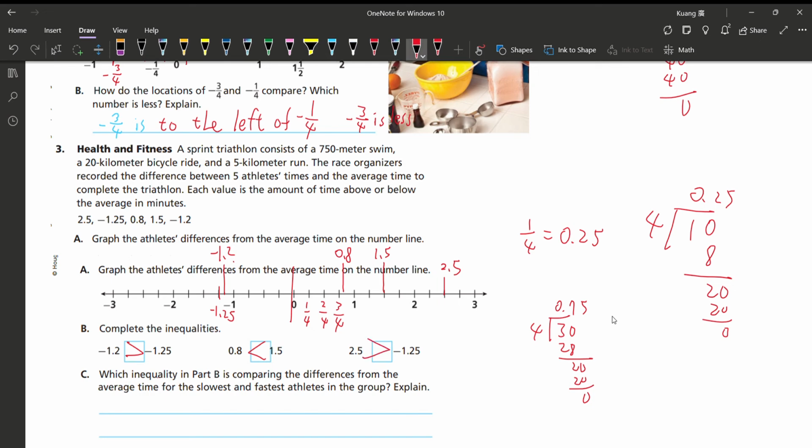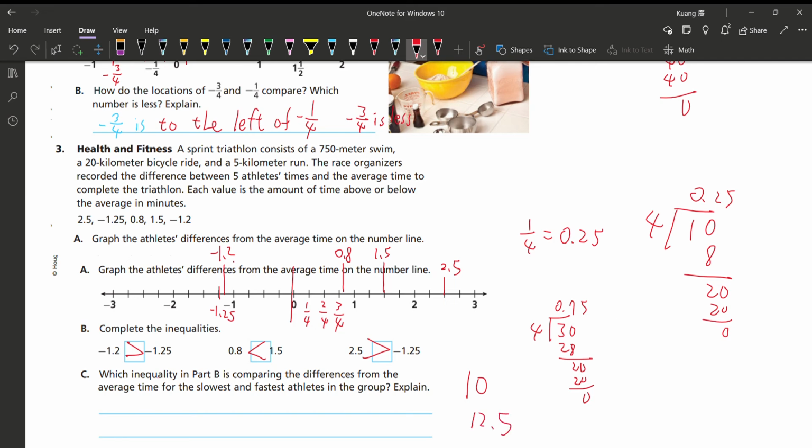Which inequality in part B compares the differences from the average time for the slowest to the fastest? The slowest is 2.5. That means it takes longer for you; your time is greater than the average by 2.5. For example, if the average completion time is 10 minutes, then your time is 10 plus 2.5, which is 12.5.